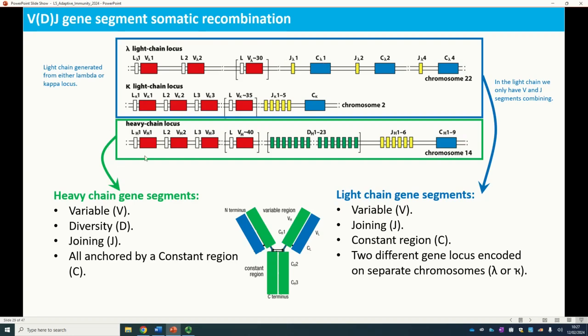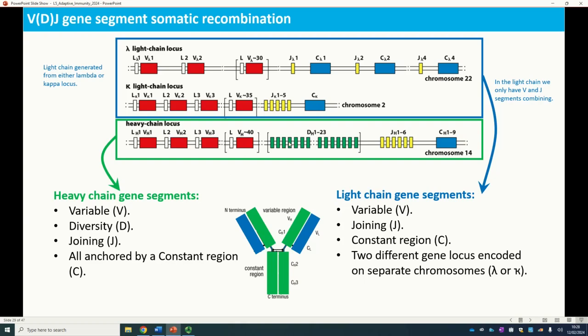When it comes to the heavy chain locus, you'll see that we have the V segment in red, the D in green, and the J in yellow, and then a constant region as well. This is just summarizing that structure. In green we've got the heavy chain, and in blue we've got the light chain. The light chain is encoded by either the lambda or the kappa, and the heavy chain is encoded on chromosome 14.